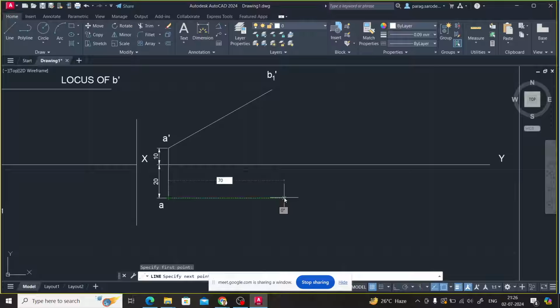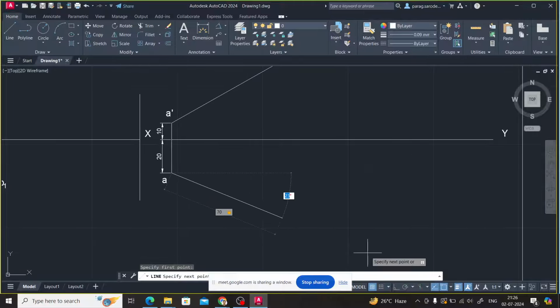Now I will show you both the methods. Tab. If I press a tab, ortho mode is already off. Once I move the mouse in a downward direction, can you see the angle on screen? Yes, sir. With the movement of the mouse, the angle is getting increased. Now what is my angle required? 45.